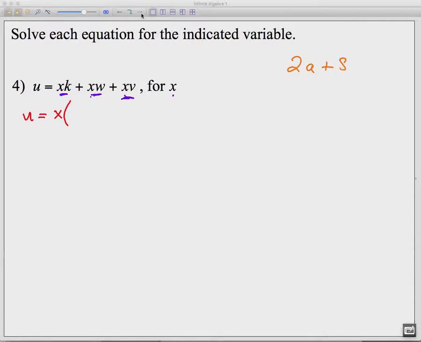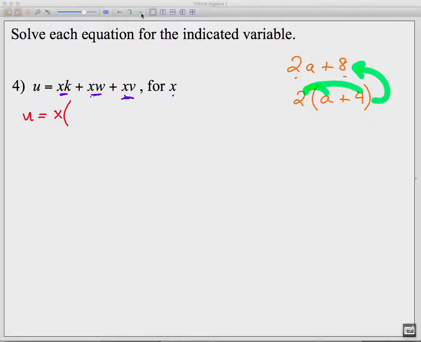2a plus 8? I know that 2 is a factor of each of these terms, so I could factor out the 2, which is essentially the opposite process of distribution. Most people are pretty comfortable with distributing that 2 into the parentheses and resulting in the top expression. Okay?